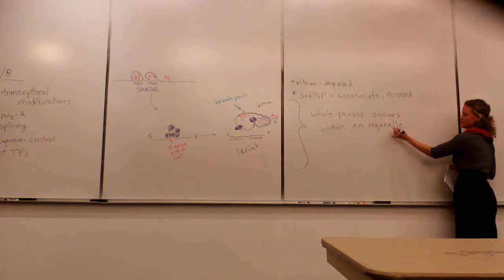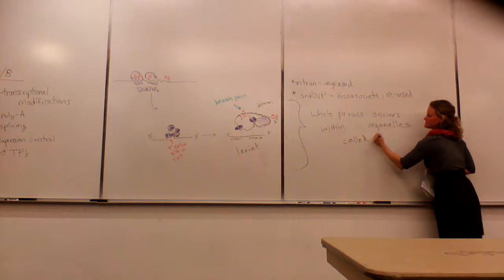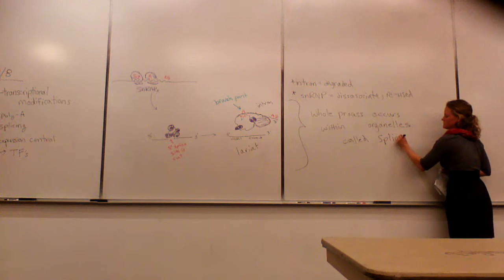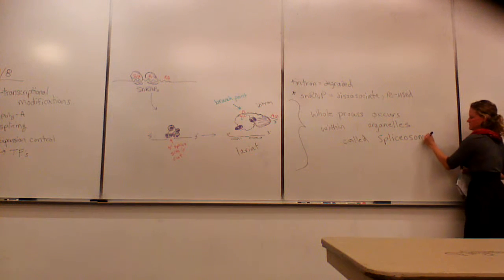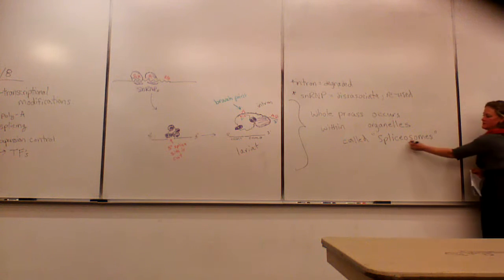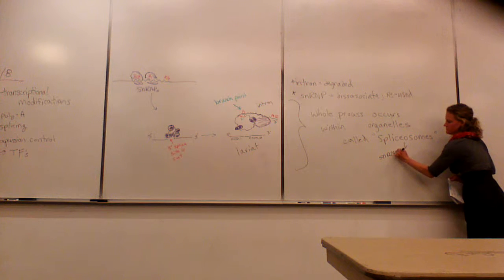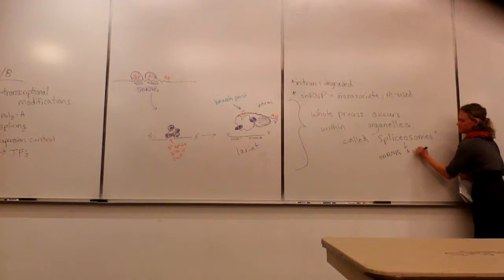I'll say within organelles called spliceosomes. And a spliceosome is just those snRNPs plus some other proteins.